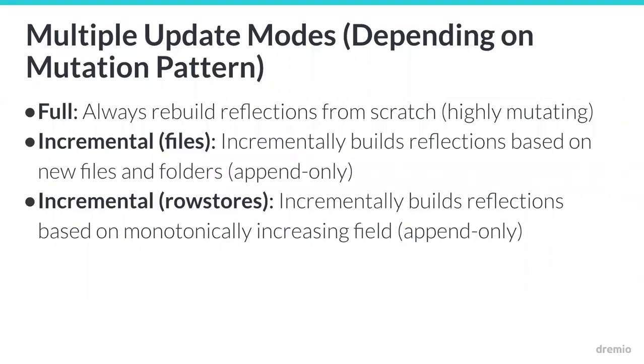If the underlying source is something like an RDBMS source, the way we handle this now is the user can define some column or key that is monotonically increasing. A timestamp is a common one. As new data is added, the timestamp field is always increasing, and we use this field to only add the new data every time we do a refresh.